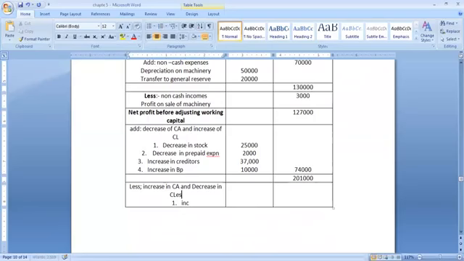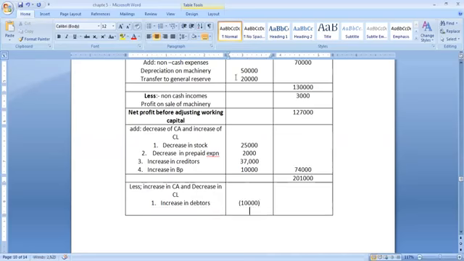There is increase in debtors. So what is the value of increase in debtors? As it is the reduction value, write it in a bracket.